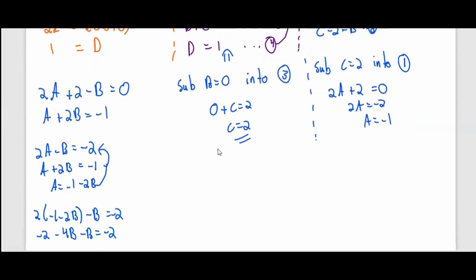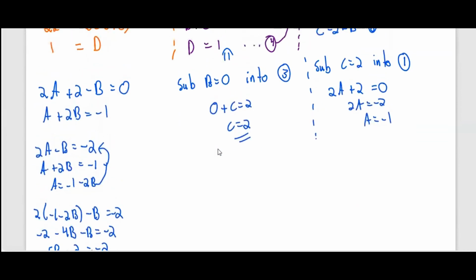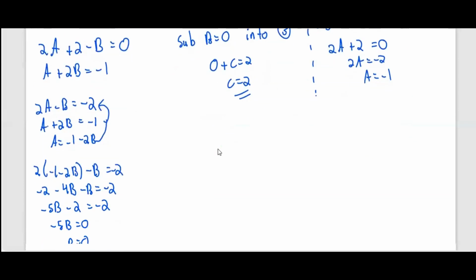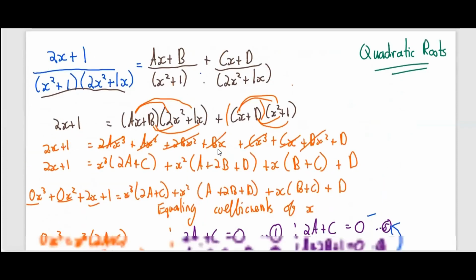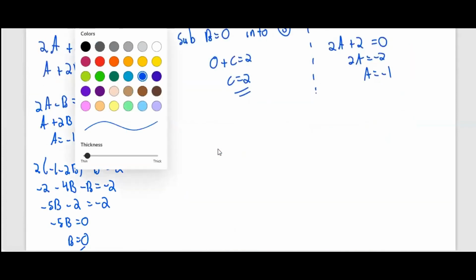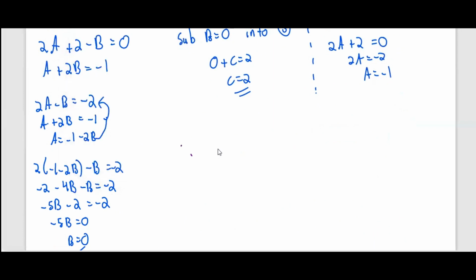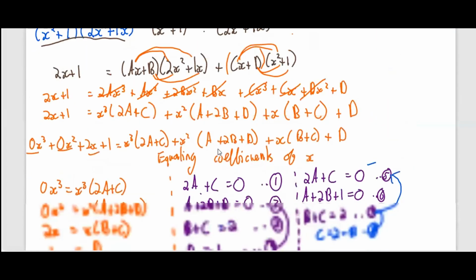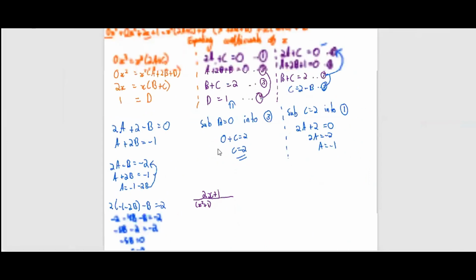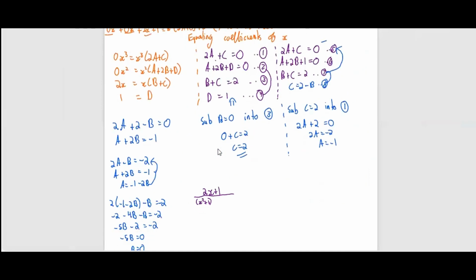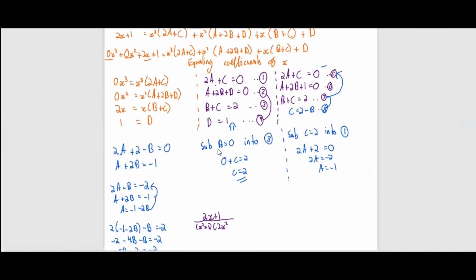So we have a, we have b, we have c, we have d. So now finally we can write it back in its partial fraction form, right? So we had, let's change the color, 2x plus 1 all over x squared plus 1 times 2x squared plus 1x, I believe.